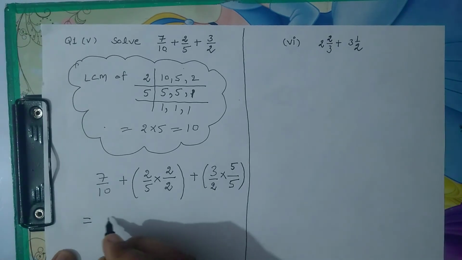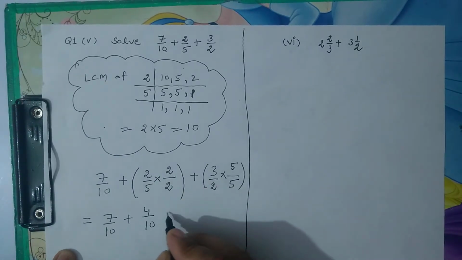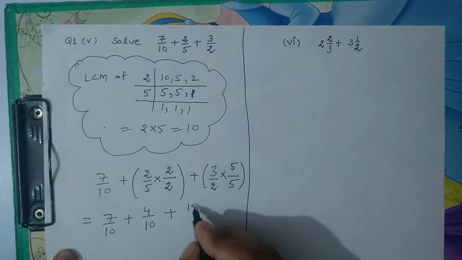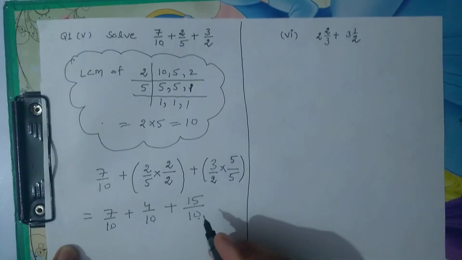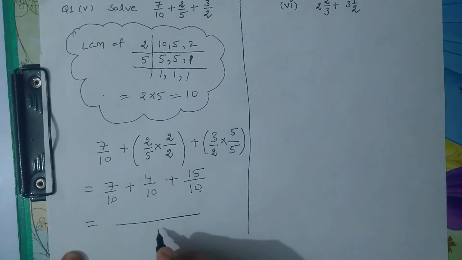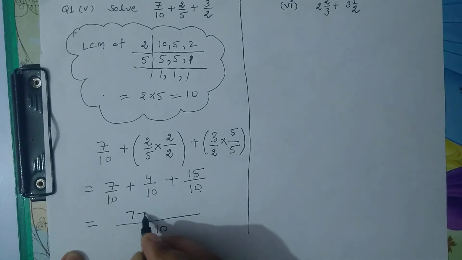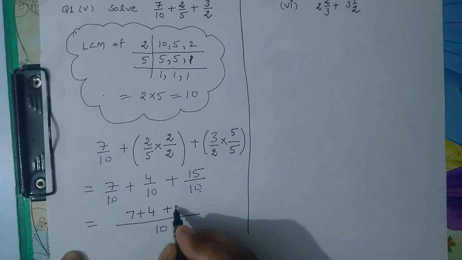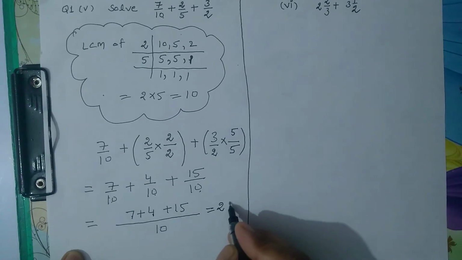Now what happens? This is 7 upon 10 plus 4 upon 10 plus 15 upon 10. So everywhere in the denominator we have 10. So what do we do now? We write this 10 one time, and in the numerator 7 plus 4 plus 15. 7 plus 4, 11. 11 plus 15, 26.